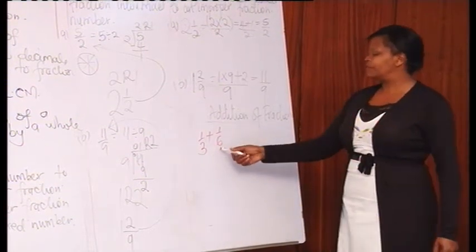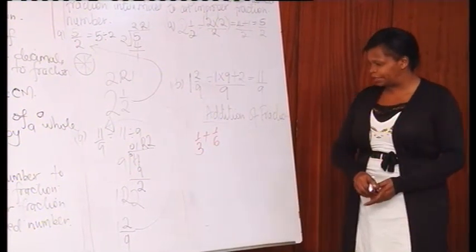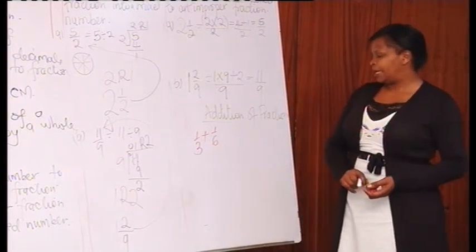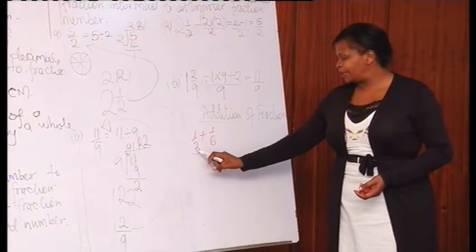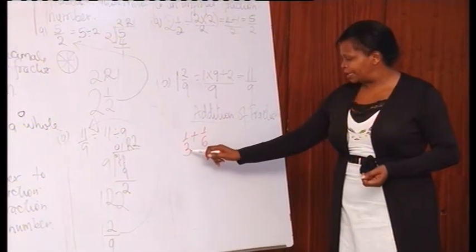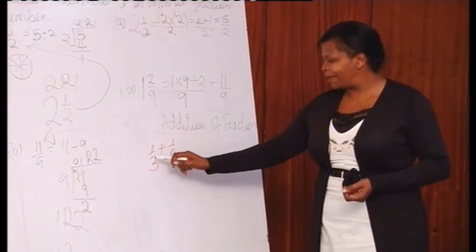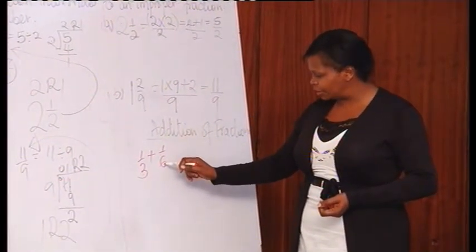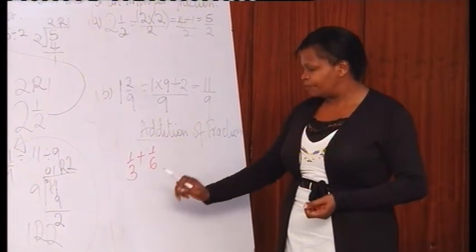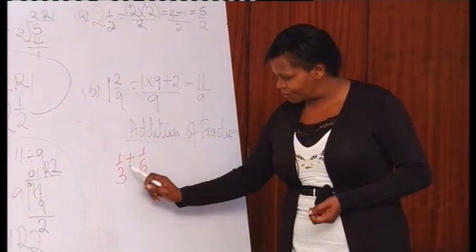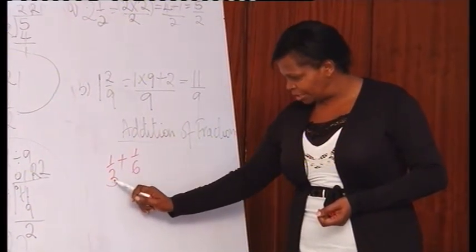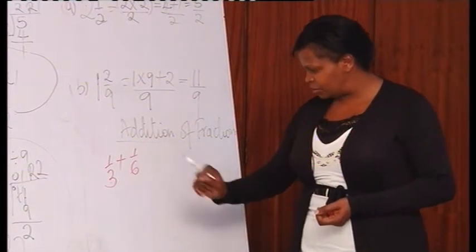For us to make these fractions like those of class 4, I can rename one of them, the one that can be multiplied by another number to get the other denominator. If I look at these numbers, I see that 3 times 2 gives 6. So it is easier to rename this than to rename this.